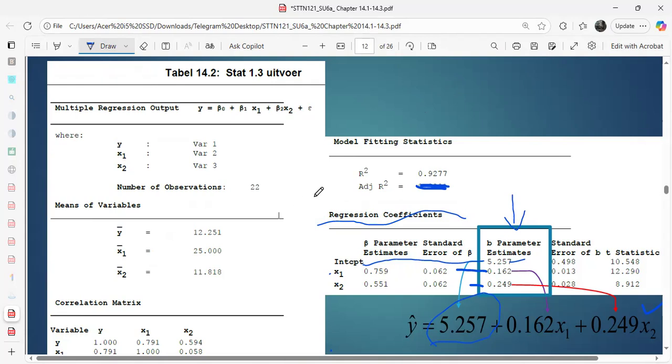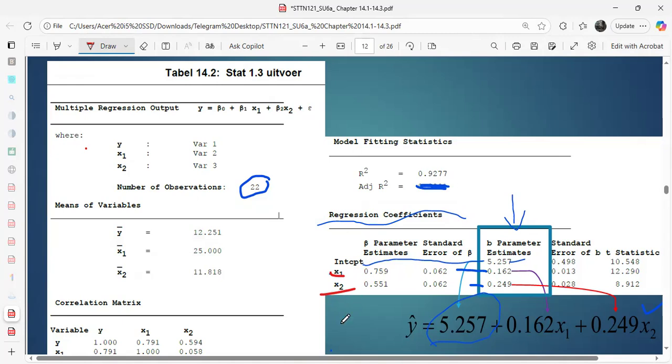So what you're going to do is check n, which is the number of observations, and also check k. Here n will be 22. As for k, it is the number of variables. If we have x1 and x2, k will be equal to 2. If we had x3, k will be equal to 3.